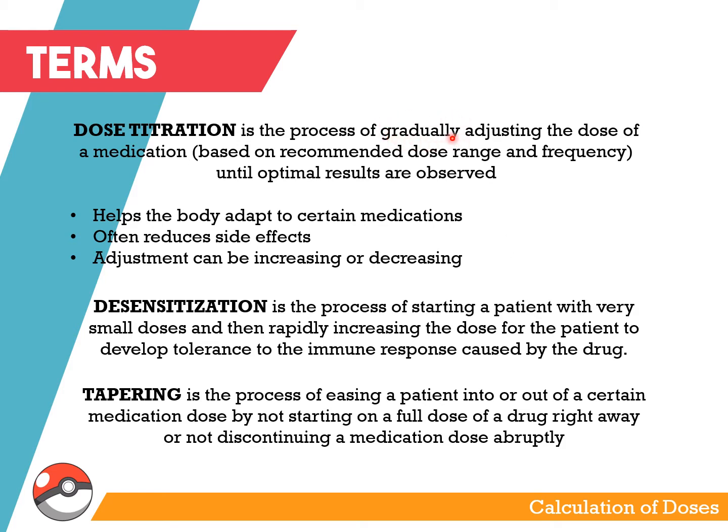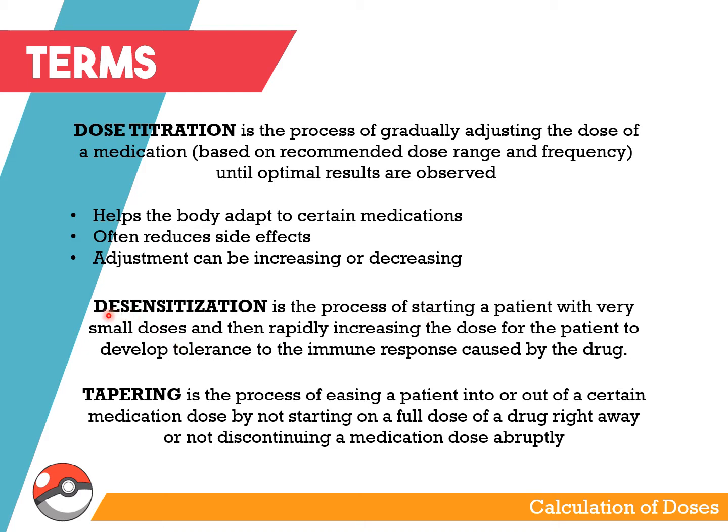Okay, so this term is similar with tapering. So it is a process of easing a patient into or out of a certain medication dose by not starting on full dose of a drug right away or not discontinuing a medication dose abruptly. So again, gradual. Okay. Now, the term desensitization is the process of starting a patient with very small doses and then rapidly increasing the dose for the patient to develop tolerance to the immune response caused by the drug.